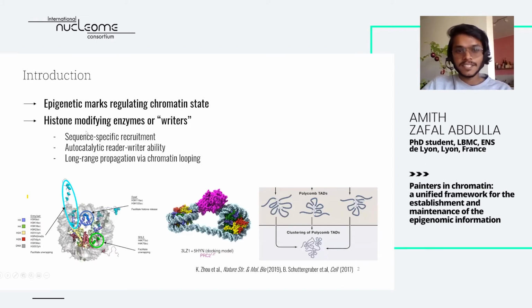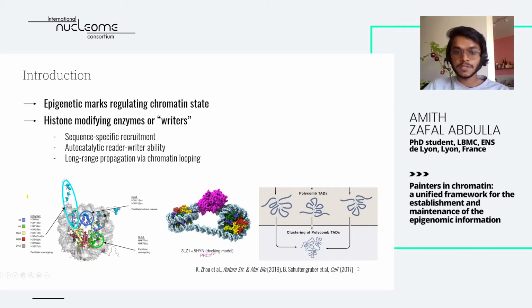Epigenetic marks regulate chromatin state, and we can have a host of different epigenetic marks on histones. These modifications are brought in by histone modifying enzymes. The molecular machinery that brings in these modifications is quite diverse and complex and varies from species to species.